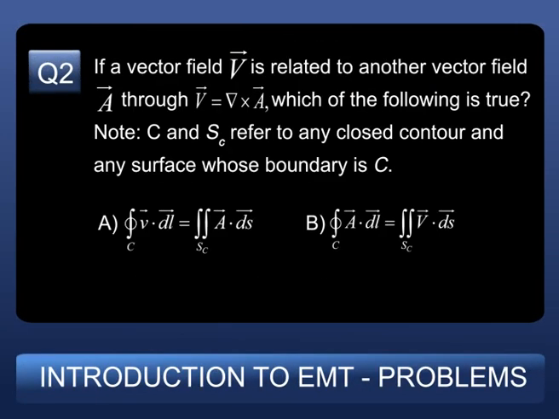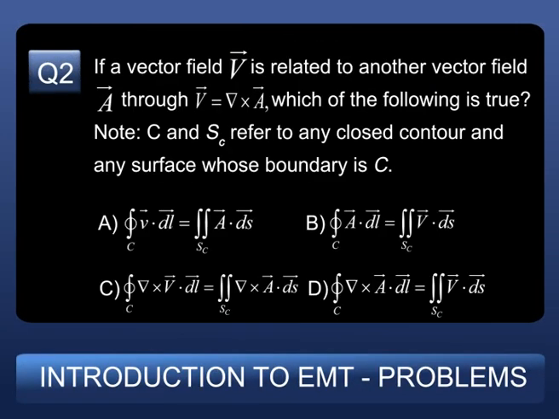If a vector field V bar is related to another vector field A bar through V bar equals del cross A bar, which of the following is true? Note, C and SC refer to any closed contour and any surface whose boundary is C. Option A, closed contour C integral of V bar dot dl bar is equal to the double integral over SC of A bar dot ds bar.